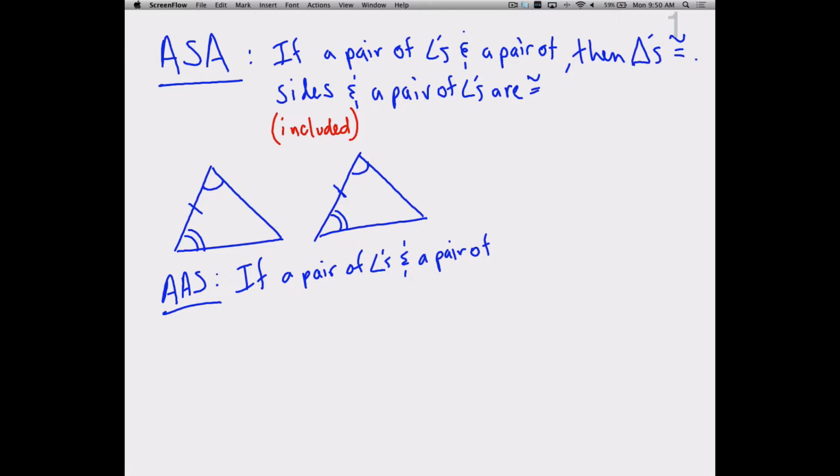Do we want the sides to be included? No. So the fancy term for that is non-included.